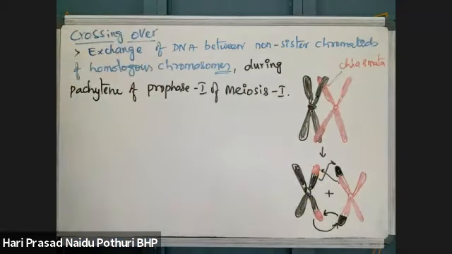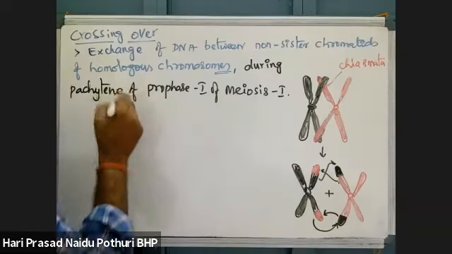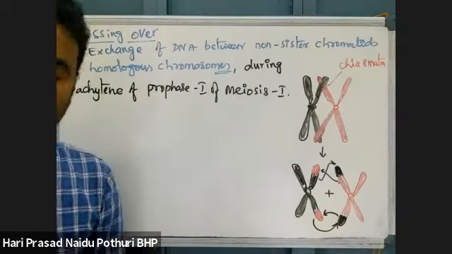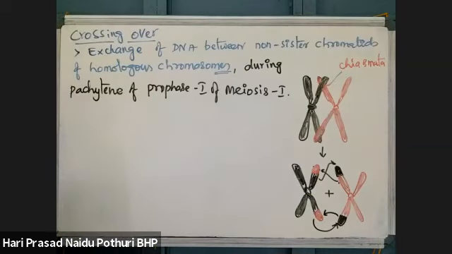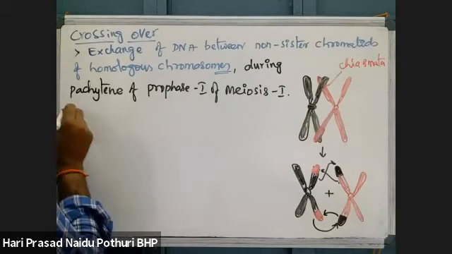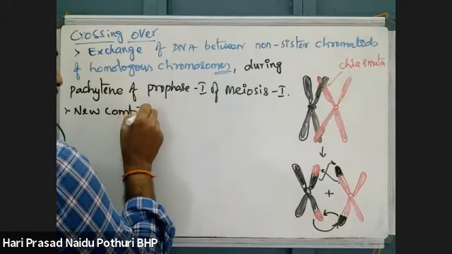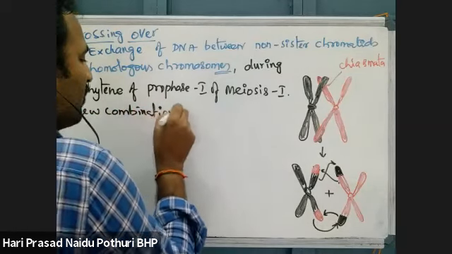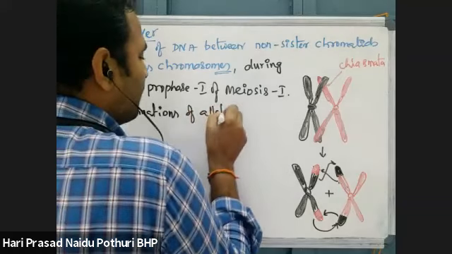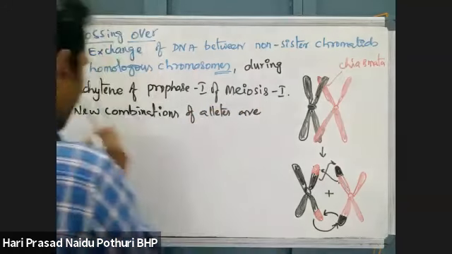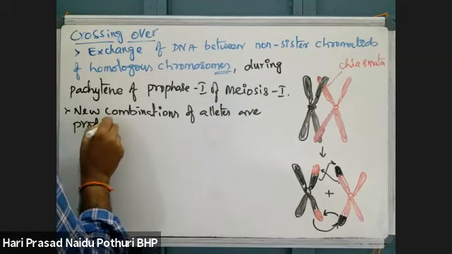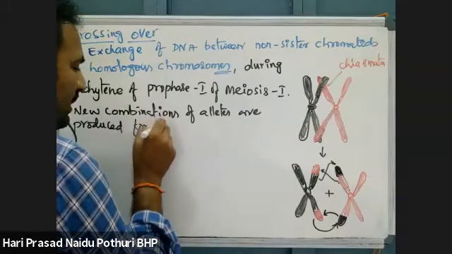In meiosis 1, there is prophase 1. In that prophase, there is a pachytene stage. During that pachytene, there is exchange of DNA like this. That exchange of DNA produces new combinations of alleles for linked genes.